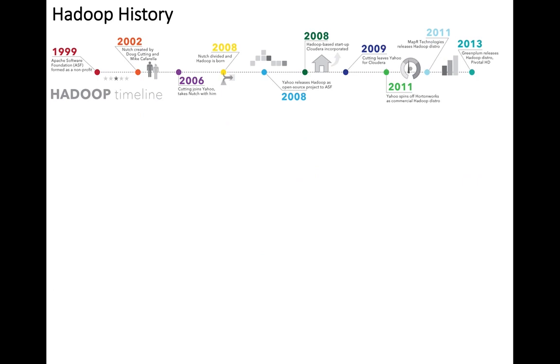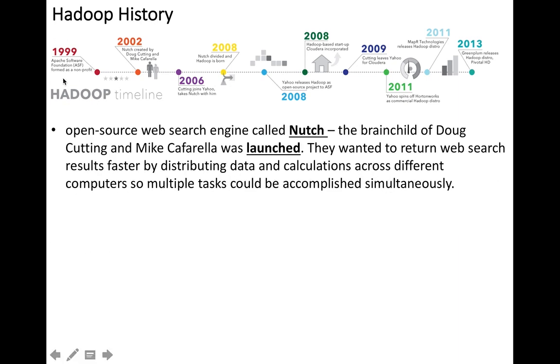Hadoop history. In fact, the development of Hadoop has a history. This just shows which year what happened. Originally, Hadoop came from Nutch. Nutch is an open source web search engine. That's a long time ago. It was developed by Cutting and Cafarella.